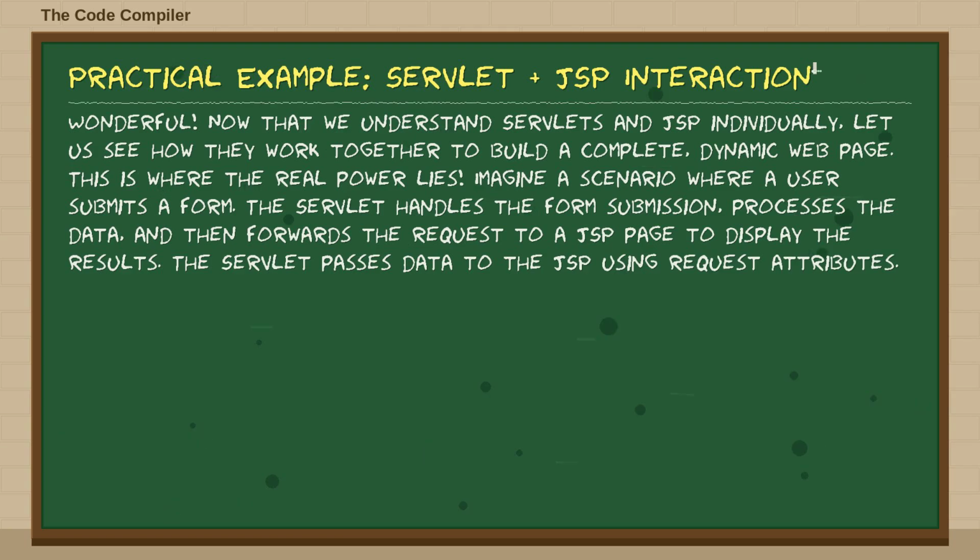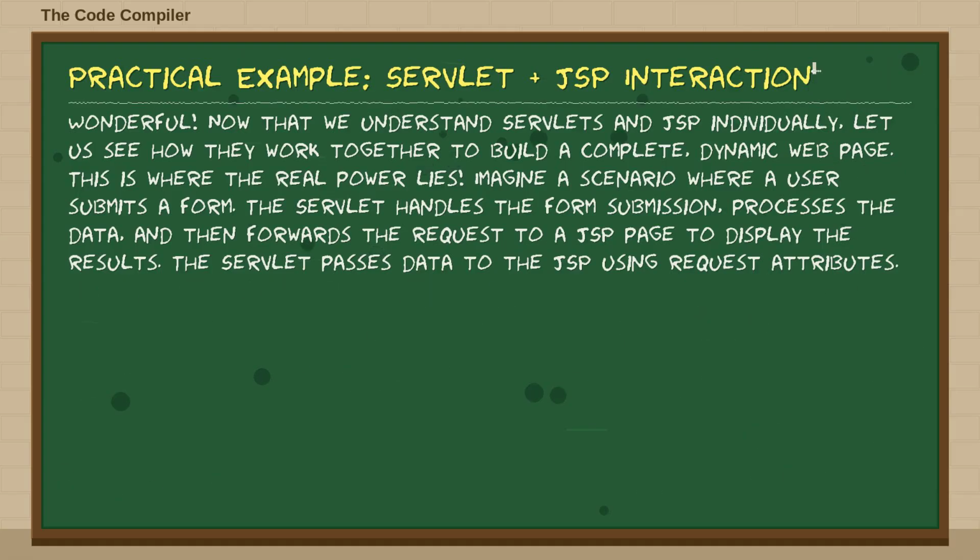The servlet passes data to the JSP using request attributes. For example, a servlet might calculate a user's score and then set it as an attribute. The JSP then retrieves this score and displays it beautifully within an HTML structure.